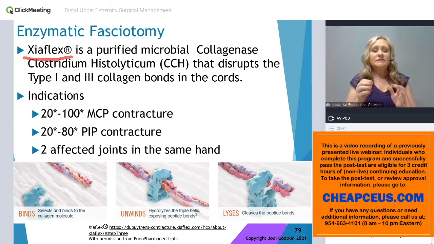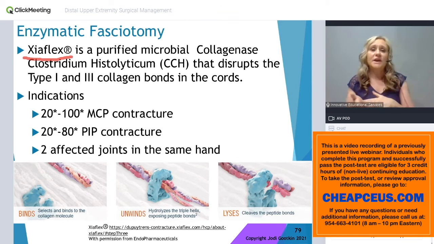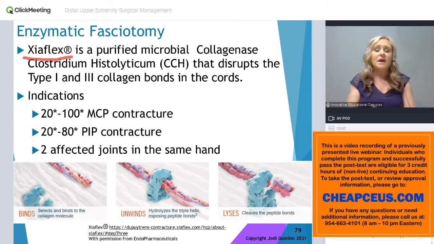And when this is injected into that fascial cord, it disrupts the type 1 and type 3 collagen bonds in the cord, but it does not damage the type 4 collagen in the nerves, the arteries, and the veins, which is important. And it's a simple procedure where they'll inject the cord. Over a couple days, it'll lyse and start breaking down that abnormal tissue that has formed.